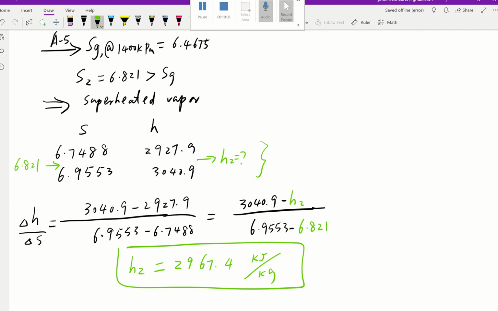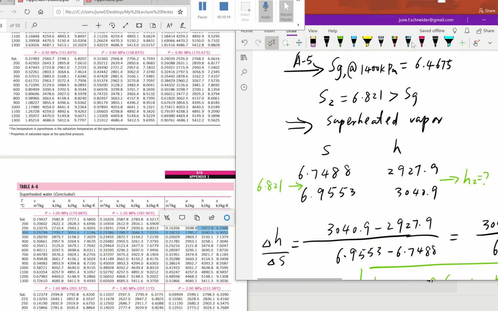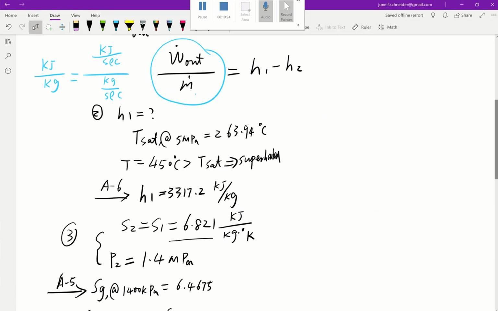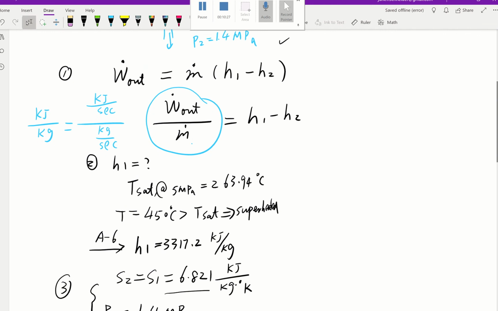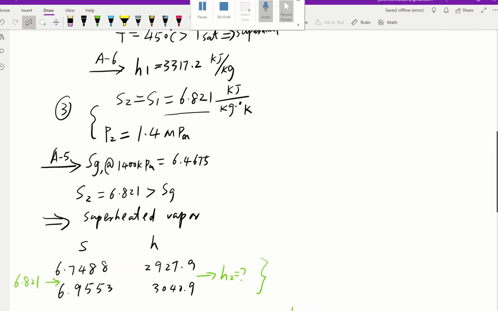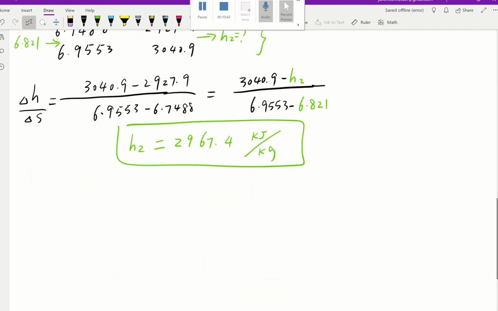Then the very last step, going back to our original equation for this problem, we find H1 minus H2, because that's going to be our work out over mass flow rate. That's our very last step, and we will have our answer.